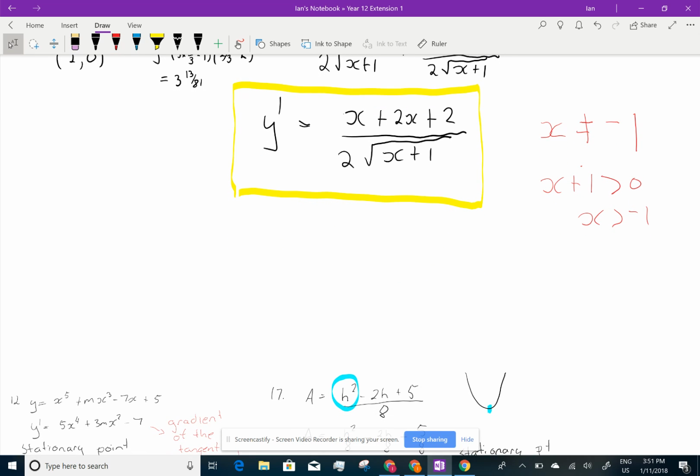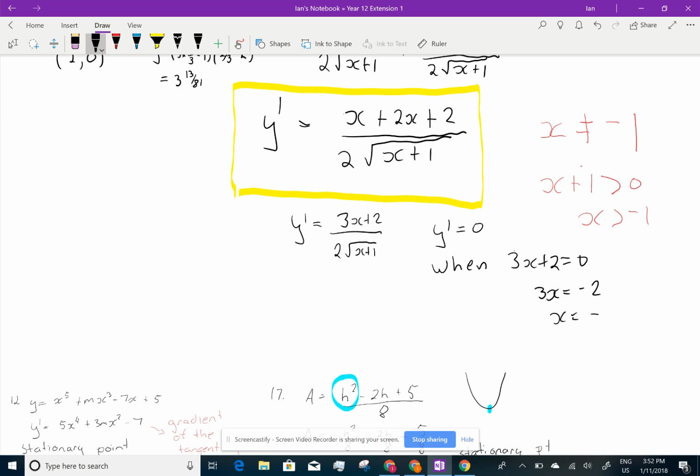So here we go. What have I got? Y dash equals 3x plus 2 on 2 root x plus 1. Now that y dash will equal 0 when the numerator equals 0: 3x plus 2 equals 0, 3x equals negative 2, x equals negative 2/3.